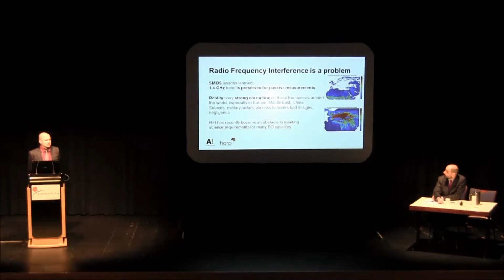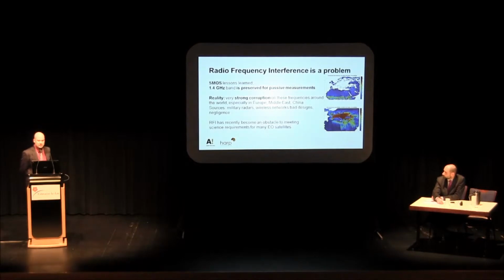and it is reserved mainly for radio astronomy, because there is one important oxygen absorption line in this area. However, after the SMOS satellite was launched, it appeared that on this protected radio band there is a lot of traffic going on.